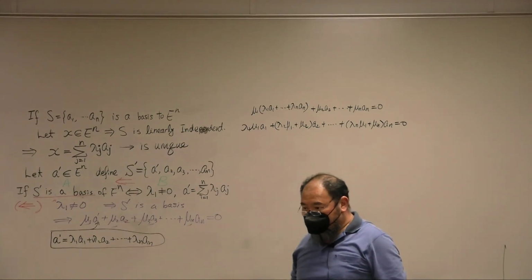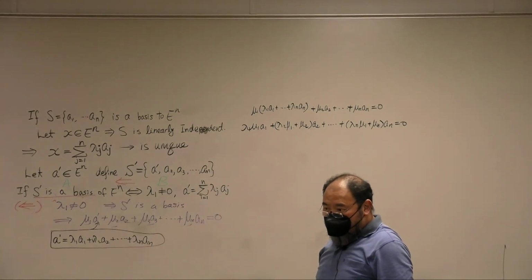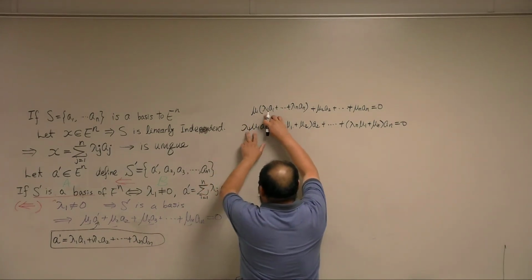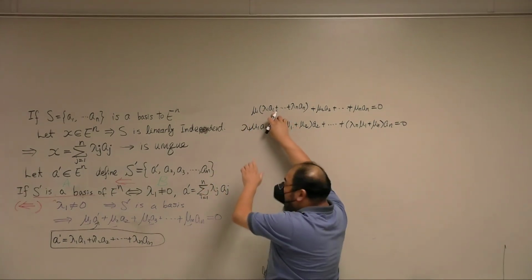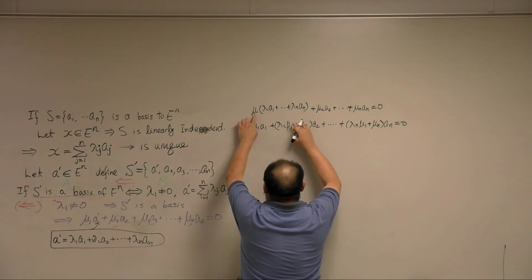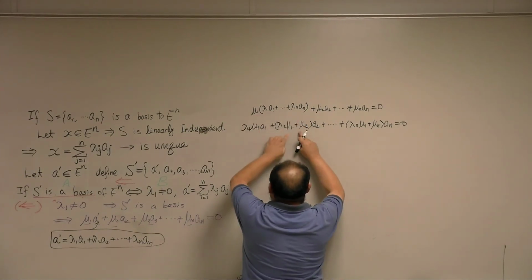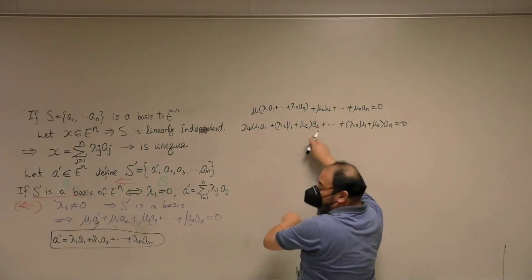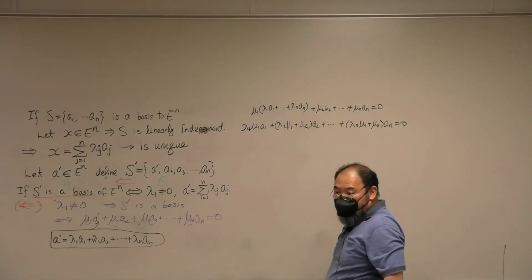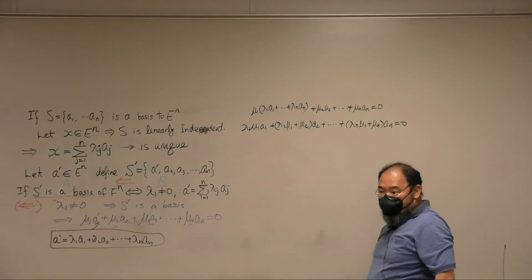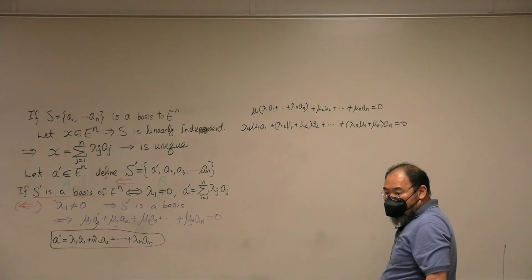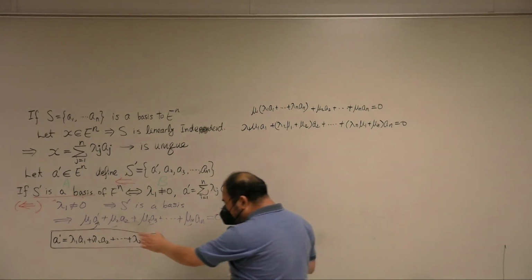Can you understand what I'm trying to do? I'm collecting terms. So this one will be mu1 times lambda 1 times A1. See that? This one will be mu1 times lambda 2 plus mu2, see this, times A2. Make sense? Everybody okay? Okay. Now I'm going to use this assumption.